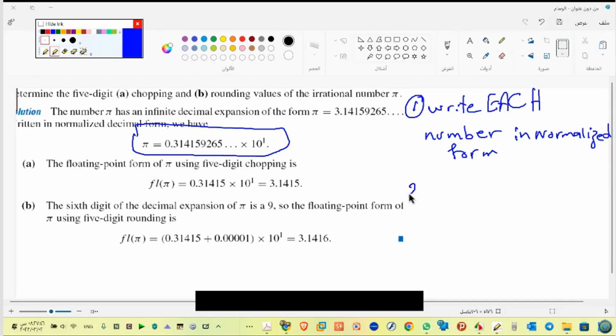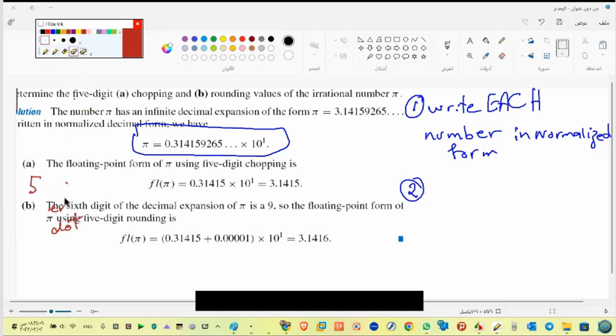Second thing, I have two methods in your book for 5-digit. So I need 5 numbers after the dot. 5 digits means 5 digits after the dot.